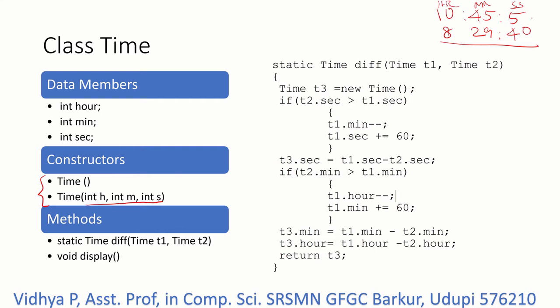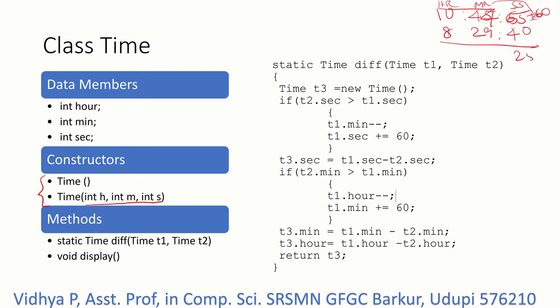You cannot subtract 40 from 5, so in that case we will borrow from minutes. When it is borrowed, 60 seconds make 1 minute, so this becomes 65. From here we get the answer 25. And when you borrow, the minutes become 44. The same is applicable for hour to minutes also.